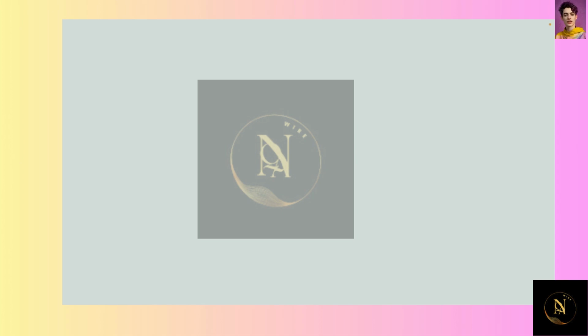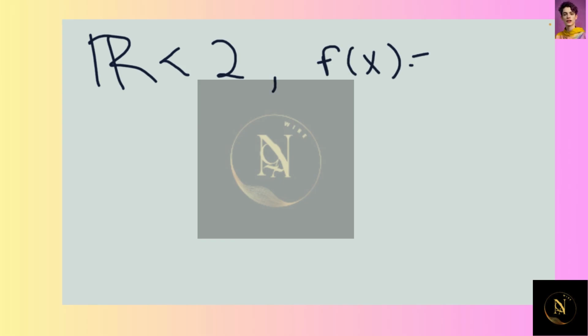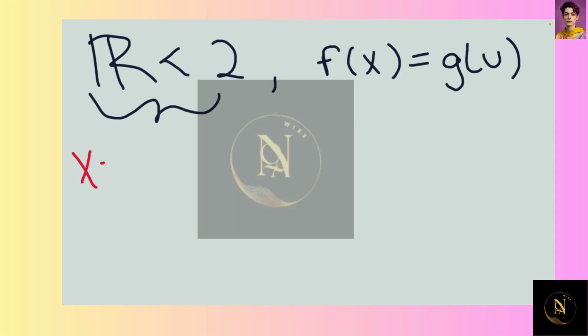But next we need to determine, for the domain of all real numbers less than 2, do f of x and g of u have equivalent outputs for every single one of those points? So first, let's just go ahead and plug in a random number that fits here. I'm going to try x and u equals 0.